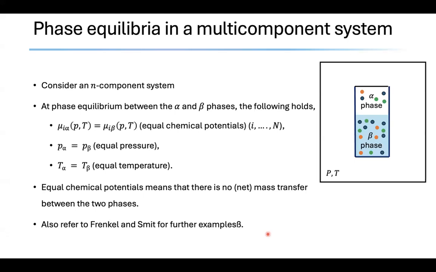Let us first briefly refresh and reflect on how phase equilibrium is characterized in a multi-component system. Let us assume that we have this box which maintains a constant pressure and temperature. Assume that this particular box here contains a multi-component mixture in the alpha phase and beta phase.